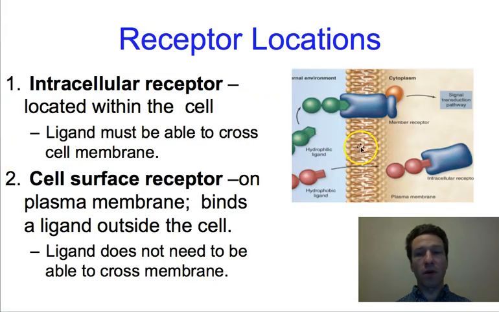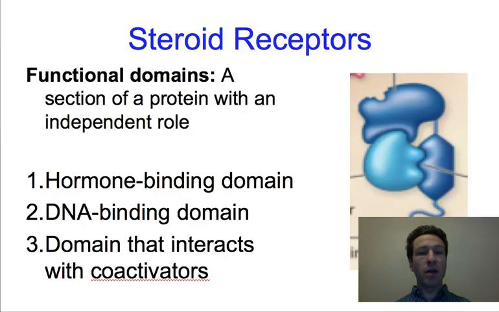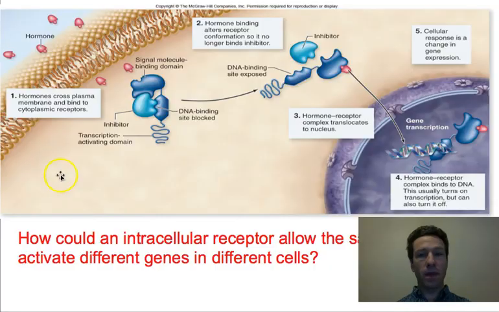Because if they were polar, they wouldn't be able to get through this region of the plasma membrane. So in this case, the ligand can cross the plasma membrane and bind to a receptor. Let's look at this and follow what happens. So here we have ligands that are crossing the plasma membrane and coming to bind to our steroid receptor.